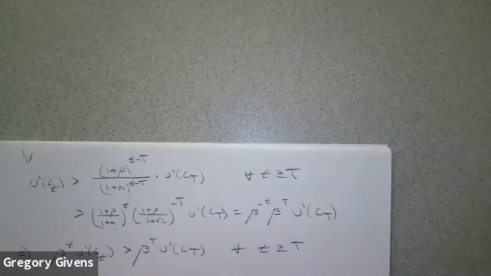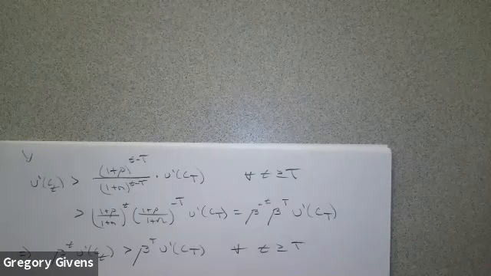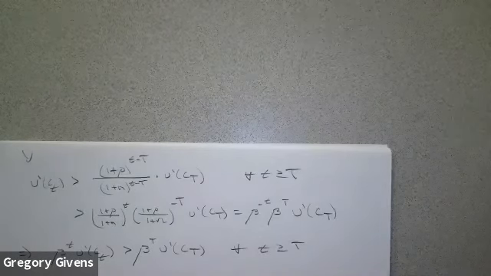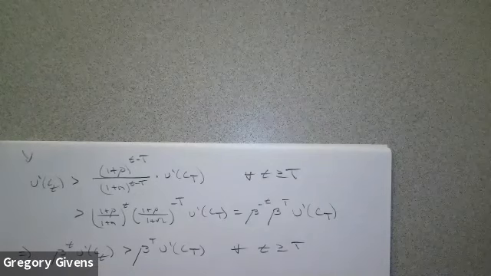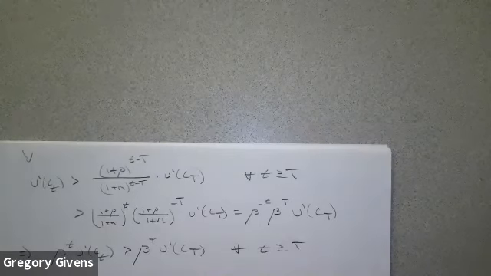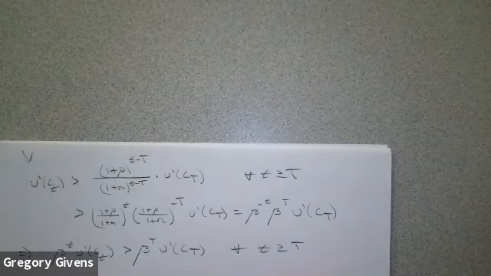But we also know that k_t is less than k bar. So this implies then that F prime of k_t is going to be bigger than F prime of k bar.